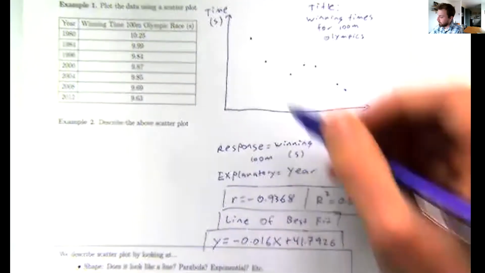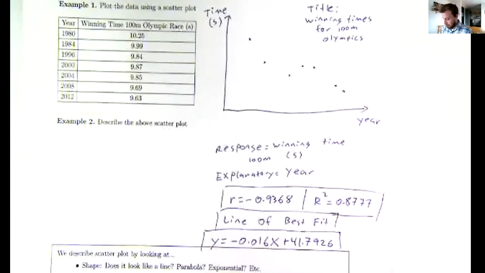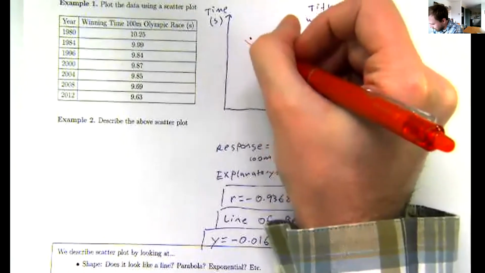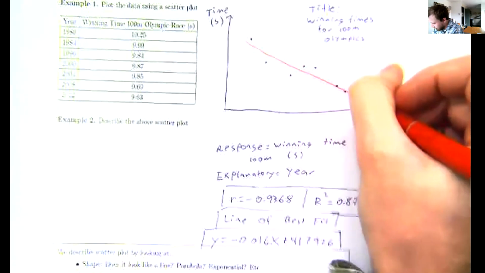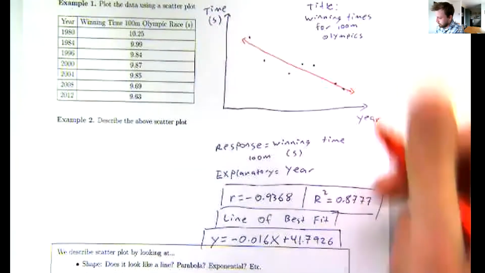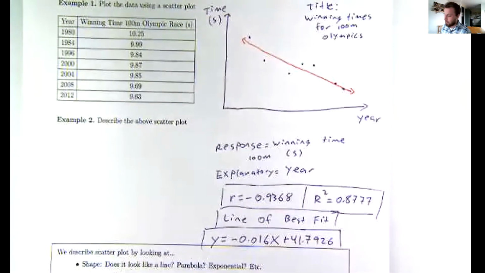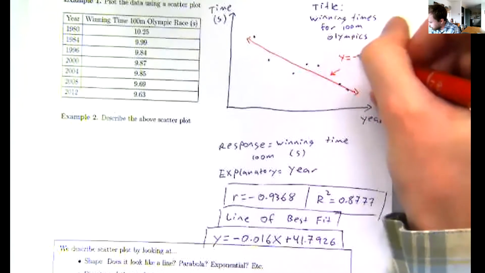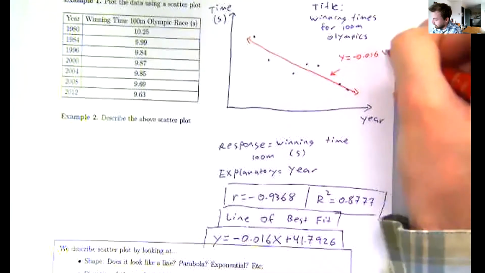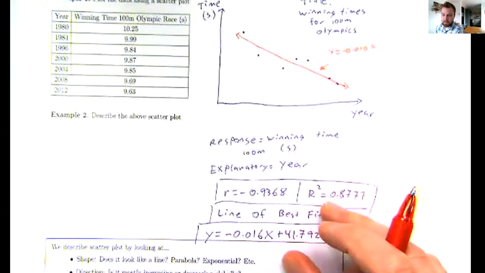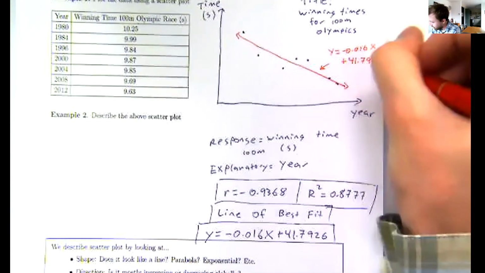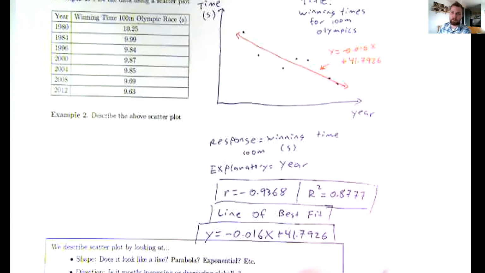And my rough sketch of my scatter plot was something like this. If I squint my eyes a little bit and try to see what's going on, I think this almost looks like a line. The equation of this line appears to be y equals negative 0.016x plus 41.7926.